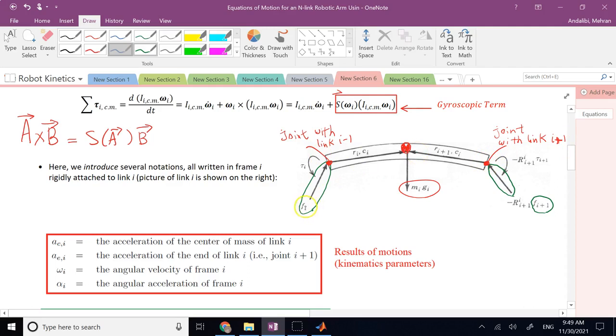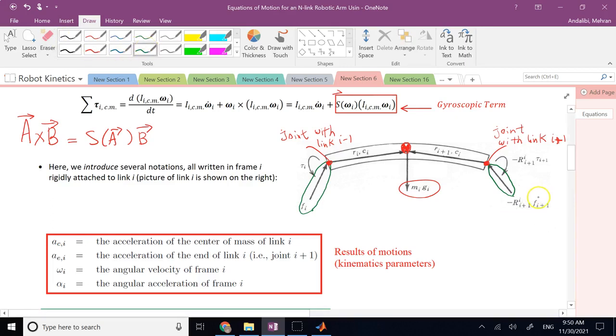Now you might say, why is it that you multiplied Fi plus 1 by a rotation matrix? Because here this Fi plus 1 is actually written in frame I plus 1.